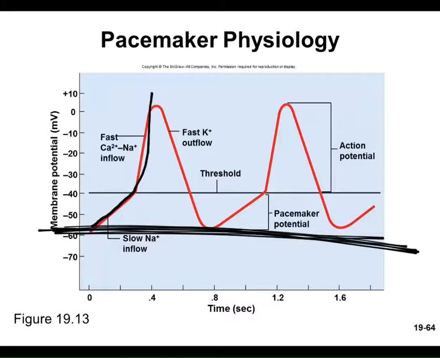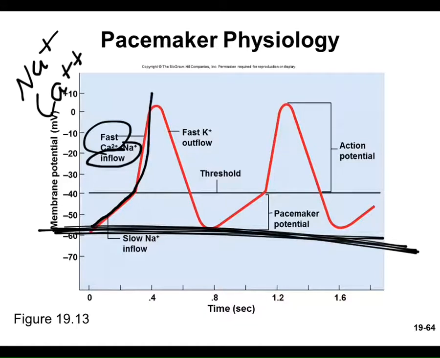Not only is it an inflow of more sodium, but also of calcium, right? So calcium is rushing in as well. Sodium, you know, is positively charged, 1+. Calcium is 2+. So you've got calcium rushing in, creating an even greater upward, less negative situation.